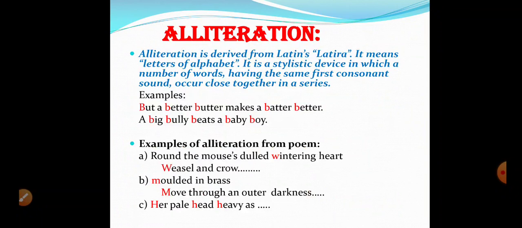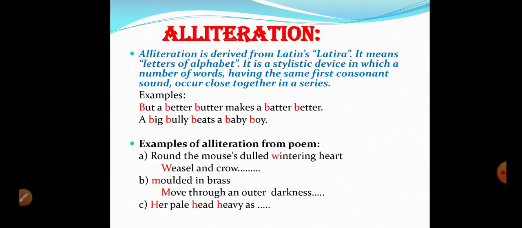It's a stylistic device in which a number of words having the same first consonant sound occur close together in a series. There is no question of vowel sounds. It's actually when in a sentence, in a stanza, more than 2, 3, 4, 5 words are closer together and all those words start with the same consonant letter.